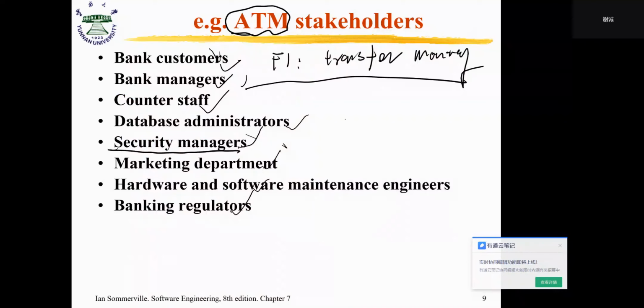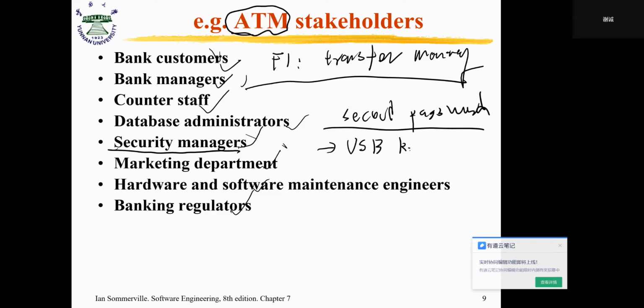They will have a second password. A second password is not enough. They will also ask you to provide a USB key. Do you know the USB key for bank transfers?